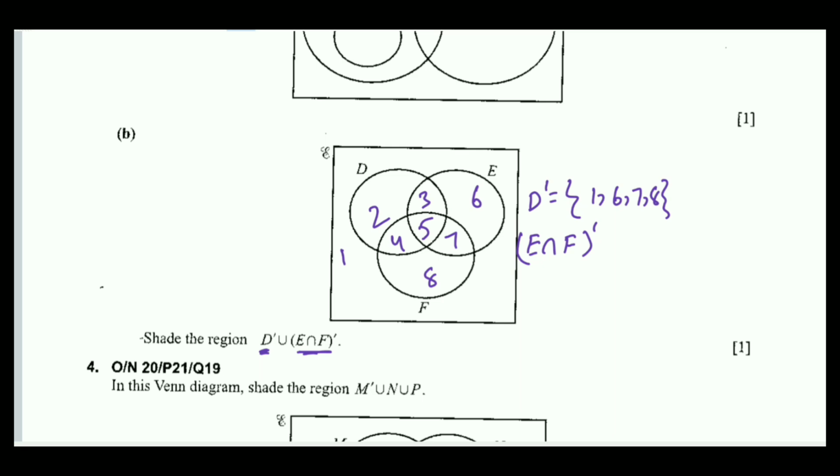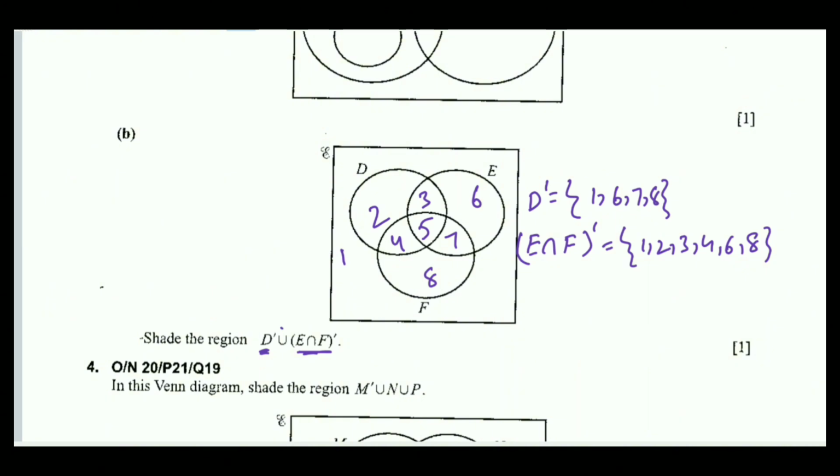So it means except this intersected part, except E intersection F. In easy words, you can say not 5 and 7. So if not 5 and 7, the remaining elements are 1, 2, 3, 4, 6, 8. 5 and 7 will not be included.